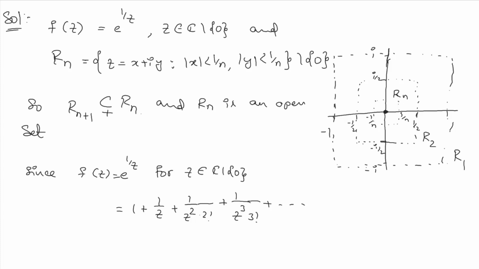This is just by the expansion of the exponential function e to the power of 1 divided by z. And from this we can see that f of z has an essential singularity at the point z equal to 0.